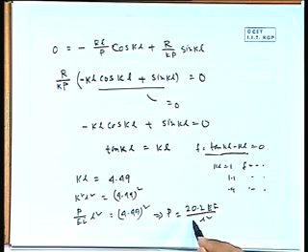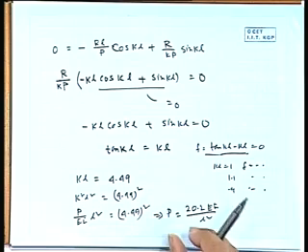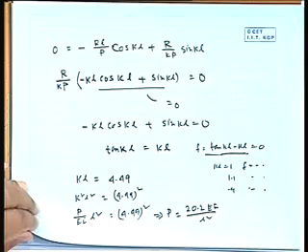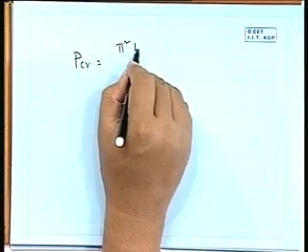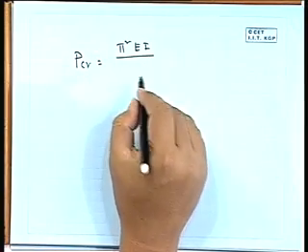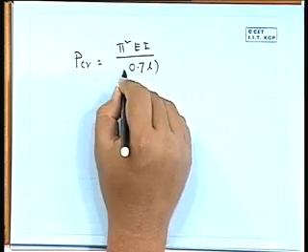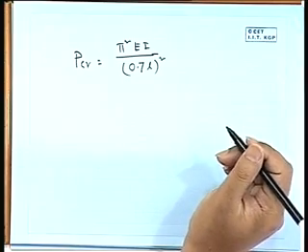So that part if you take common, there will be some parameter, and that parameter in an inverse form if you put below, within L. So P can be nicely represented as P critical, it is pi square EI by (0.7 L) square, right.